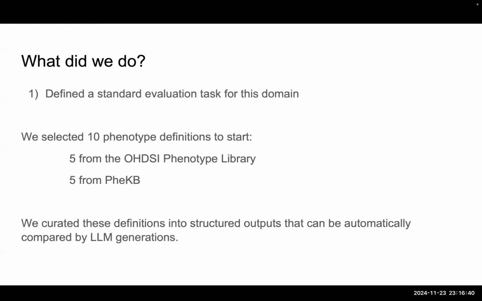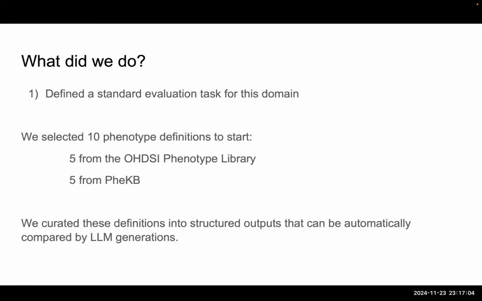So, to create an evaluation set, we used 10 professionally created phenotypes, 5 from PKB and 5 from Odyssey Phenotype Library. Extracting phenotypes from sources like Odyssey is easier due to their structured format and use of the OMOP common data model.